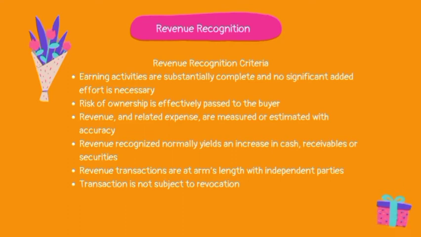Number four, revenue recognized normally yields an increase in cash, receivables, or securities. Number five, the revenue transaction is at arm's length with independent parties. And number six, the revenue transaction is not subject to revocation. These are the guidelines for revenue recognition.